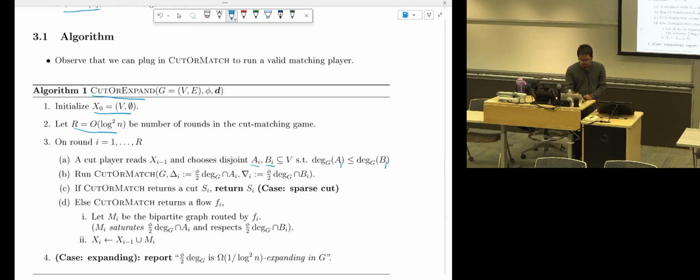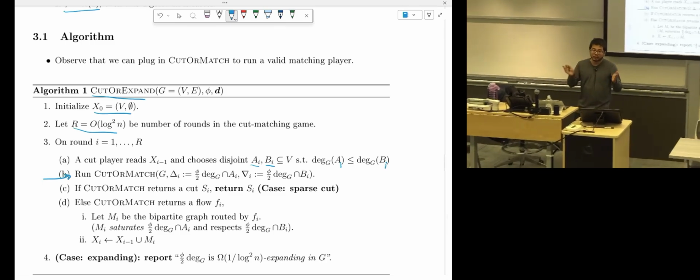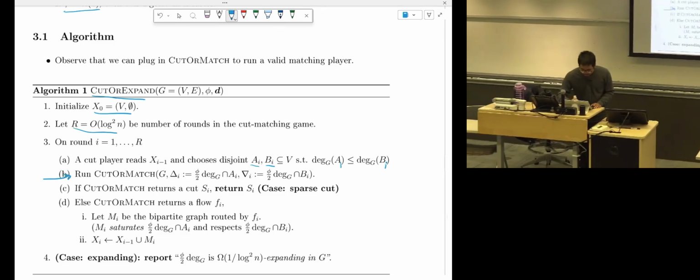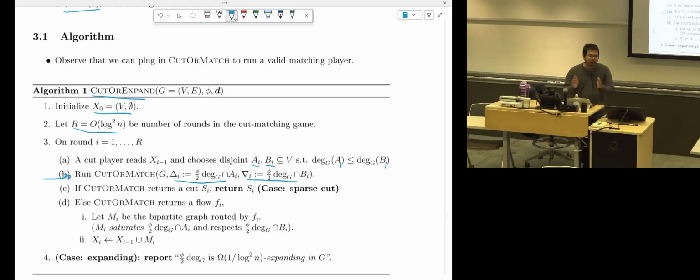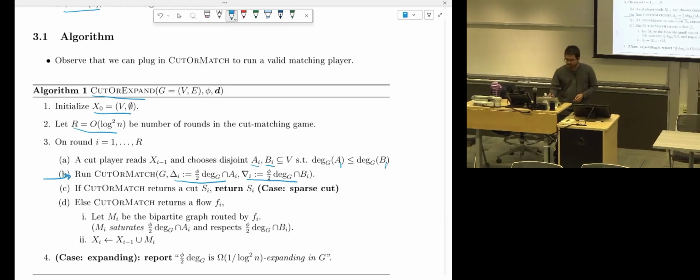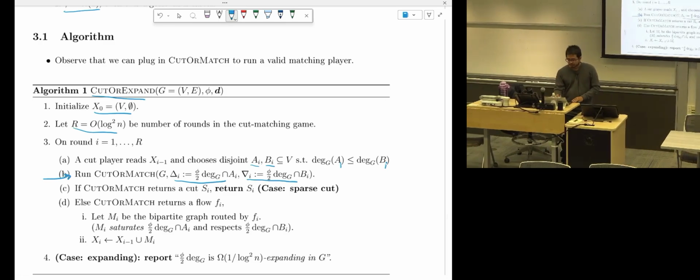Previously, what we did was call max flow from A to B with the appropriate source and sink. But now we do the same thing, but we use our own push-relabel, call it cut or mesh.